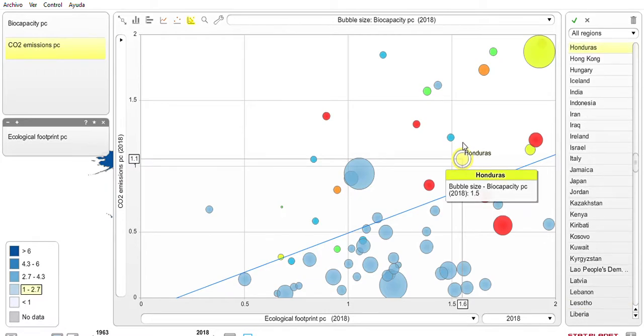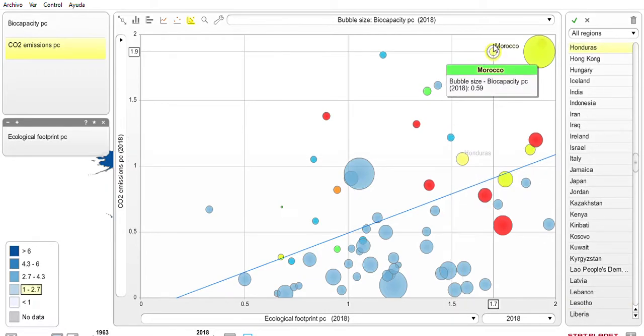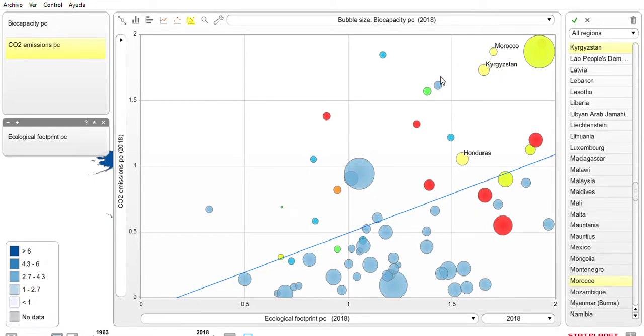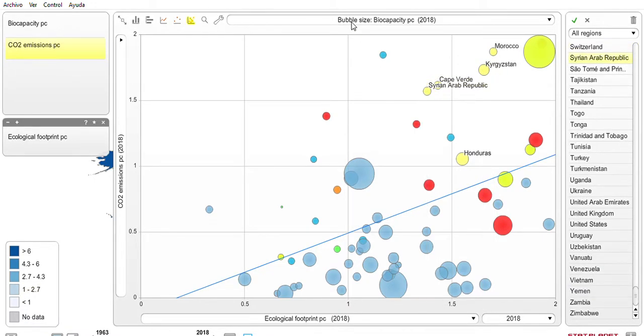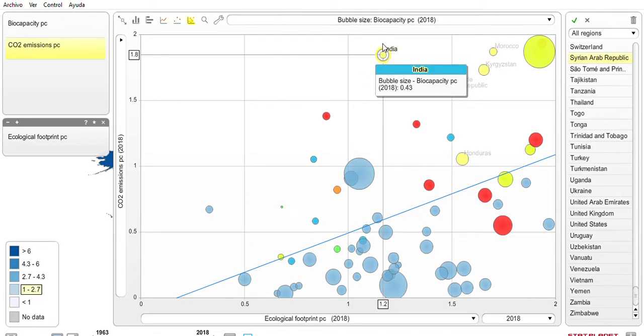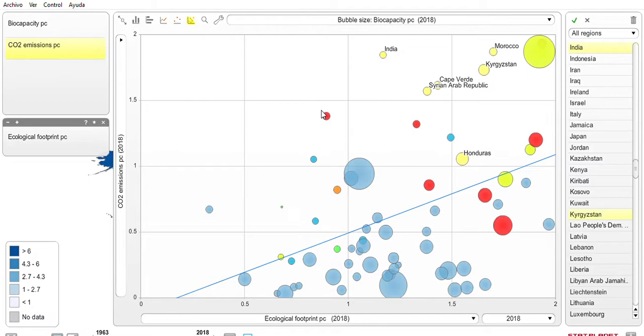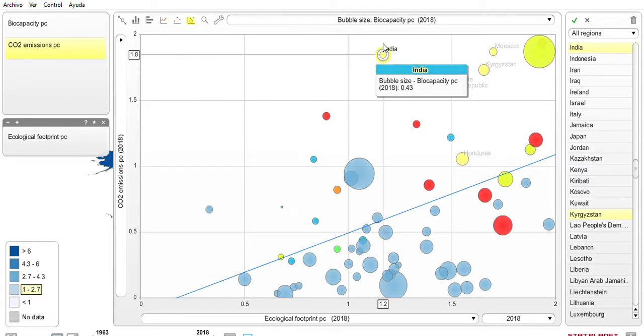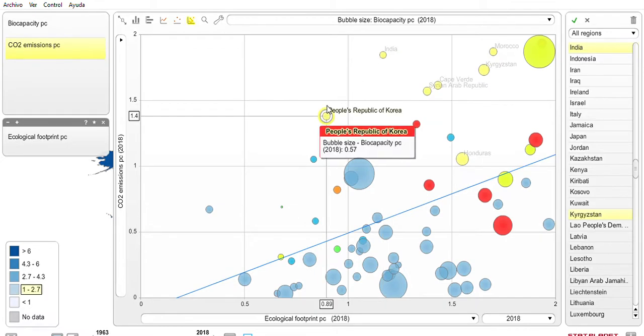So we could see countries of the kind of Morocco, Kyrgyzstan, Cape Verde, Syria, India, such a large country with a low biocapacity and low footprint. But mind you, the level is just surpassing the level of carbon emissions now in India. It won't be sustainable in that respect very soon.